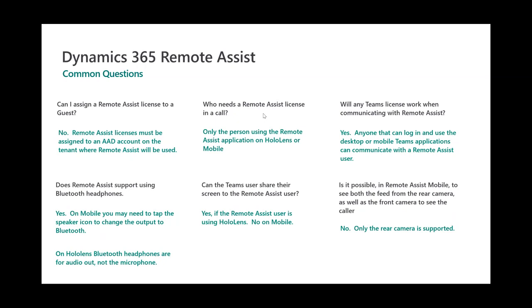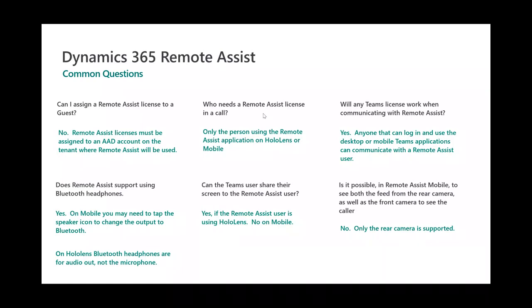Does Remote Assist support using Bluetooth headphones? Yes. On mobile, there's currently a little bit of a bug where the icon doesn't update correctly. But there is what looks like an audio icon. Once you've got Bluetooth headphones hooked up to your mobile, you just tap that.